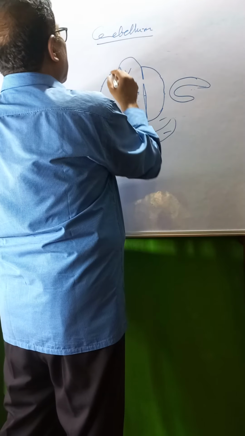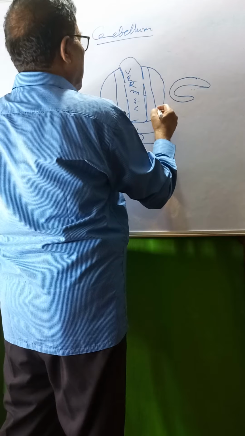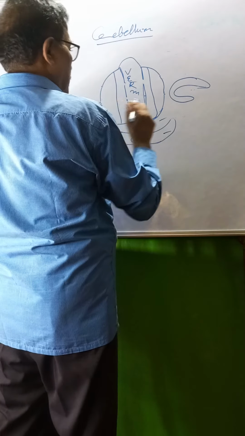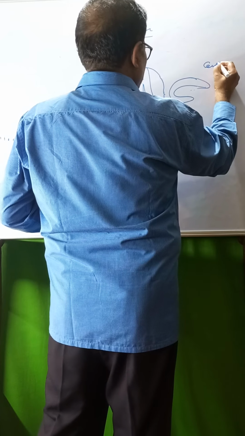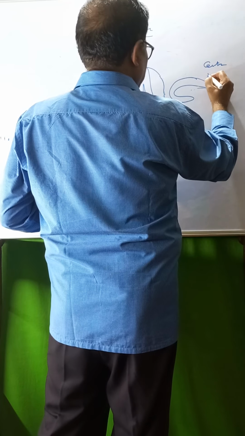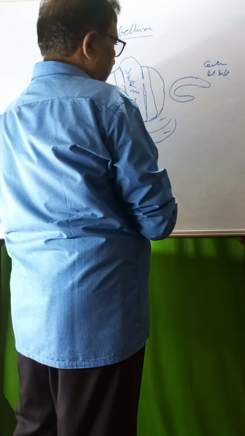In between, just lateral to vermis, this area. So this sagittal section divides it into central vermis, then right and left hemisphere.